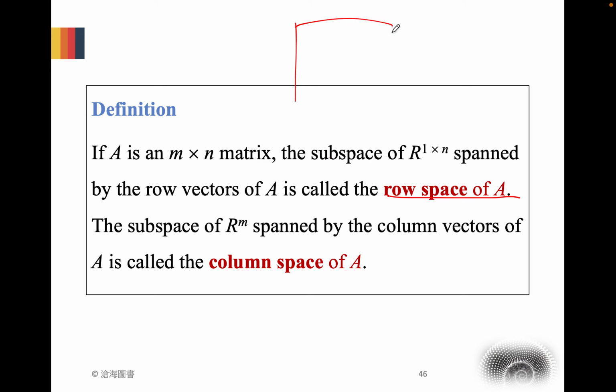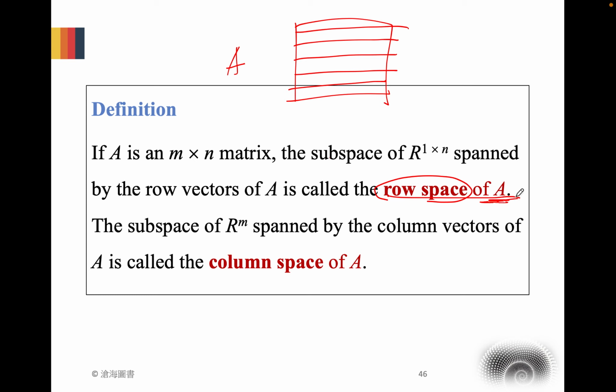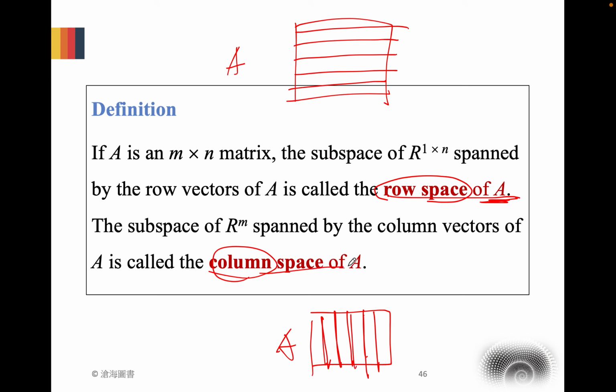So again, we draw the matrix A. The vector space spanned by the row vectors of A is called the row space of A. On the other hand, the vector space spanned by the column vectors of A is called the column space of A. Right?